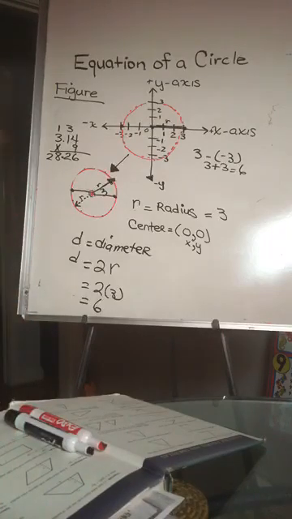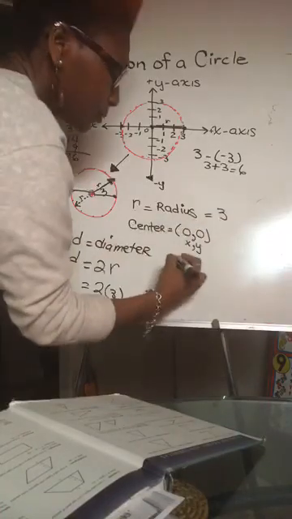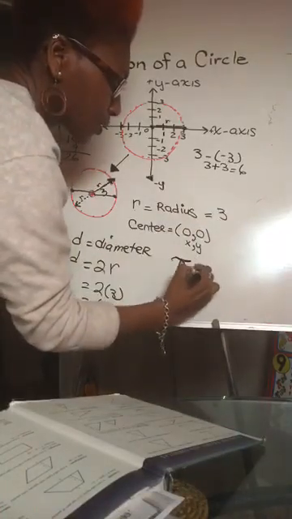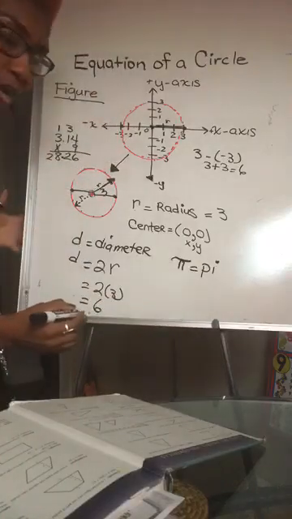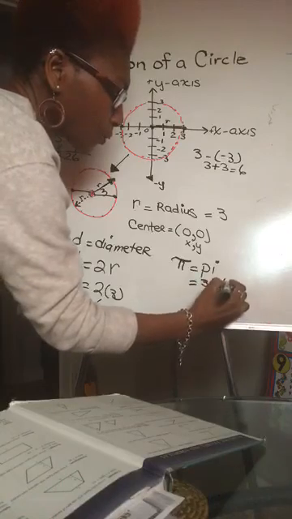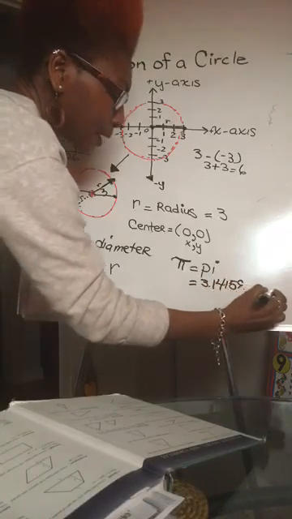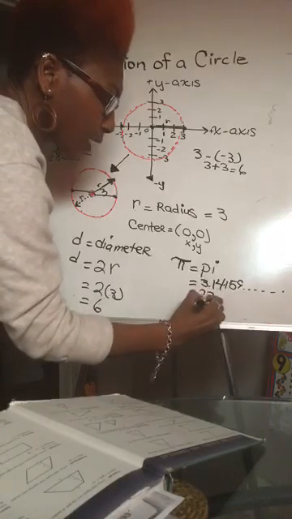And don't forget that pi is 3.14. Let me put that there because some people forget this is called pi. In numerical value it represents 3.14159..., or it equals in a fraction 22 divided by 7.